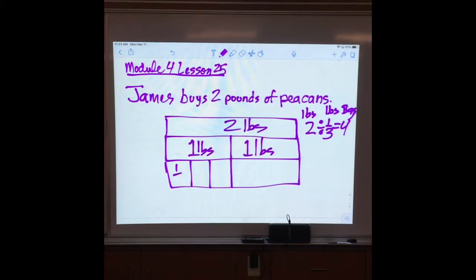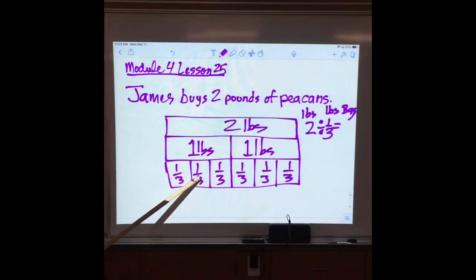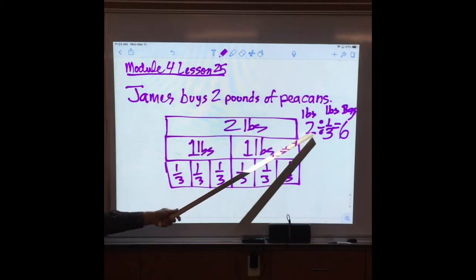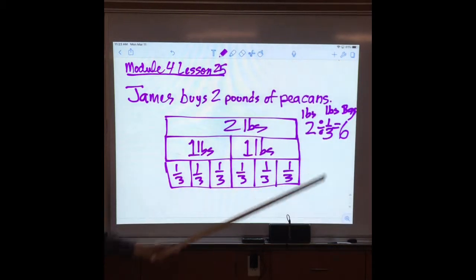So I'm going to have a third here, third here, third here, and then how many over here? Yep, third here, and a third here. Is that correct? How many bags am I going to end up getting? 1 bag, 2 bags, 3 bags, 4 bags, 5 bags, 6 bags. So we're going to end up with 6 bags. So 2 divided by a third is 6.